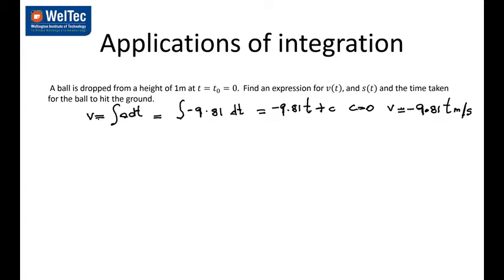Now it says find the distance function. The distance function is the integral of that. So the integral of negative 9.81t is negative 9.81t squared over 2.